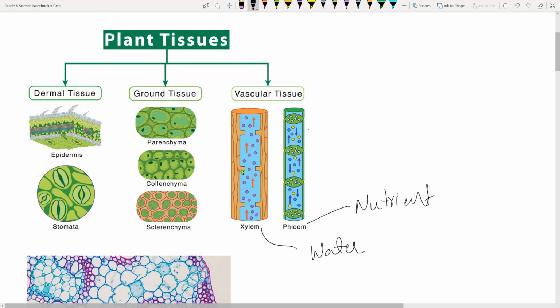Now you can see that each one over here is one cell, but after a while, once they grow, they open up into each other, forming a larger tissue, a larger structure of the combination of cells. So this is one type of cell joining together, forming a big tube that is carrying water in the plants, right? This is what we call a xylem cell and xylem structure, right?